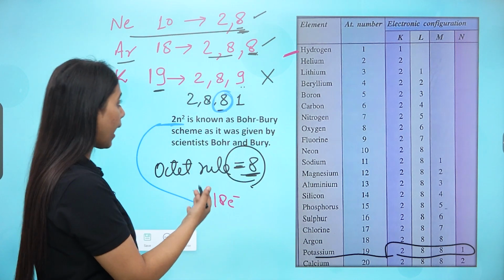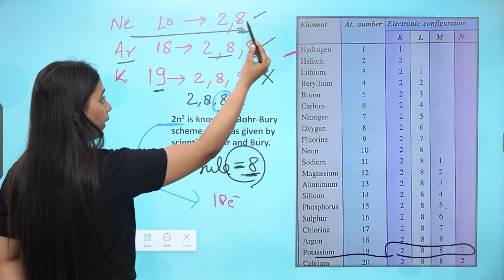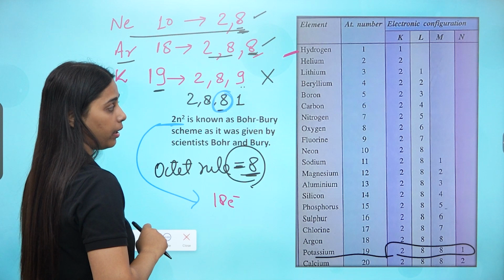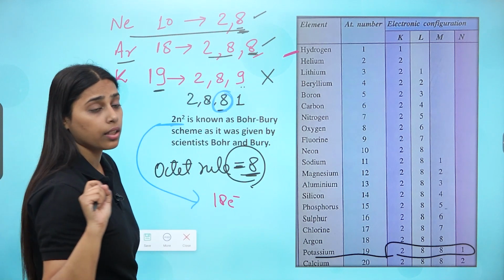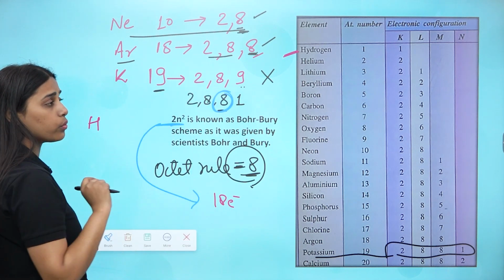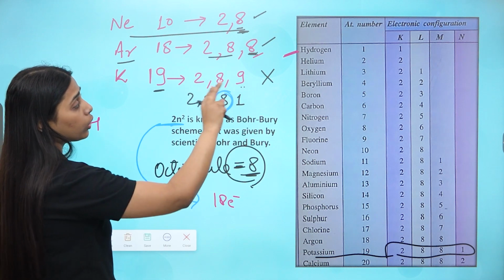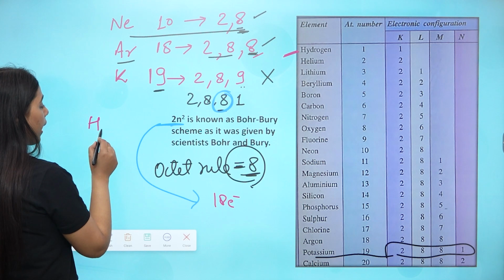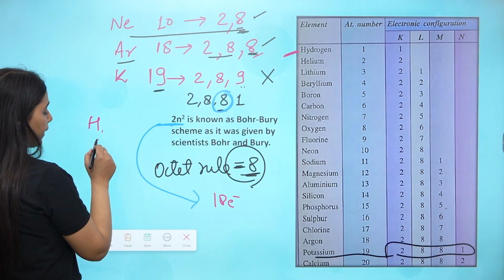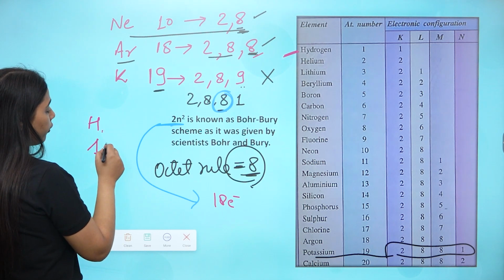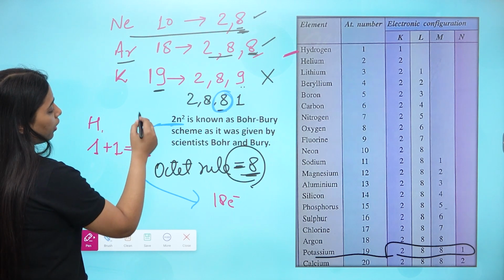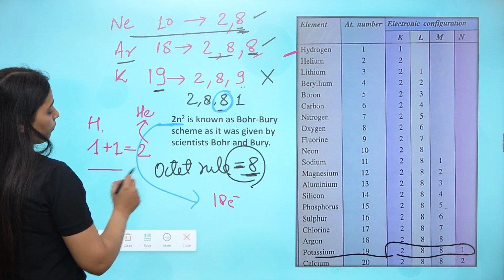That is, we have to end the element at this octet state, except hydrogen, because hydrogen is closest to the noble gas helium. It is stable by having 2 electrons only. So whenever we have to make hydrogen stable, having 1 electron, we can add only 1 electron and it will become 2, closest to the noble gas helium.